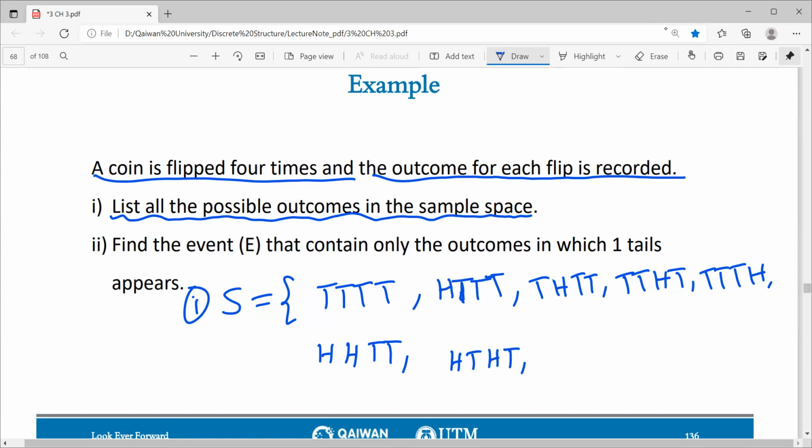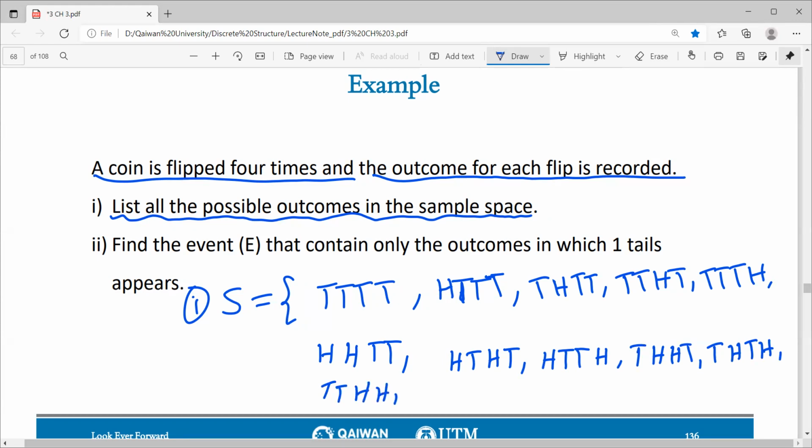And also if the first is head, the second is tail, the third is tail, and the 4th is head. And if the first one is tail, the second and 3rd are head, and the last one is tail. Okay, and we also have tail, head, tail, head, and tail, tail, head, head.